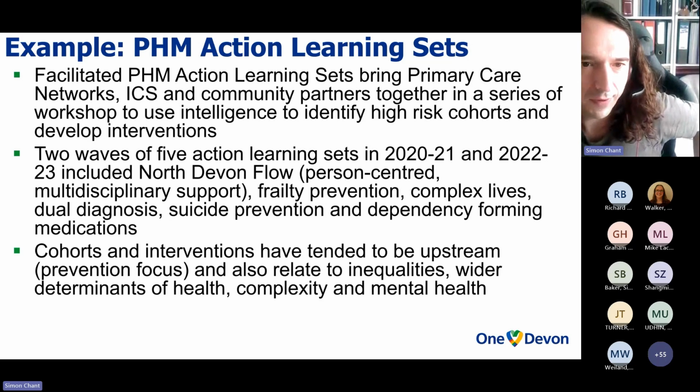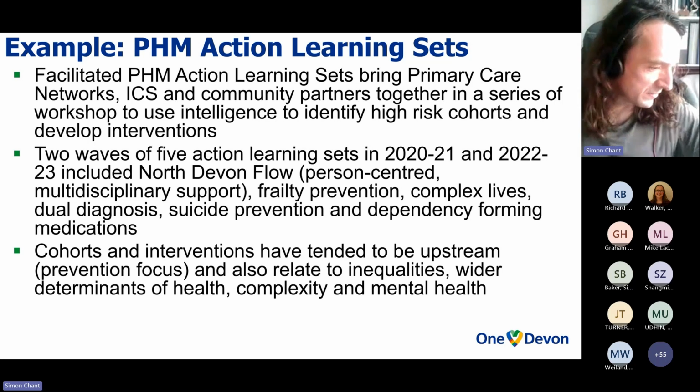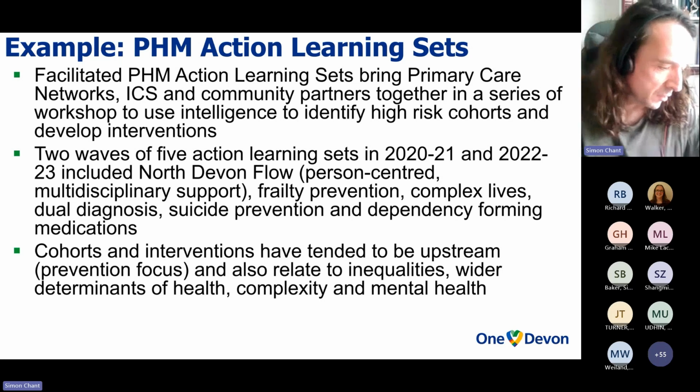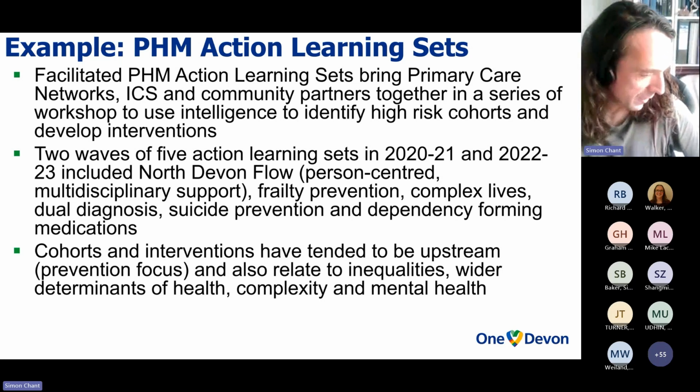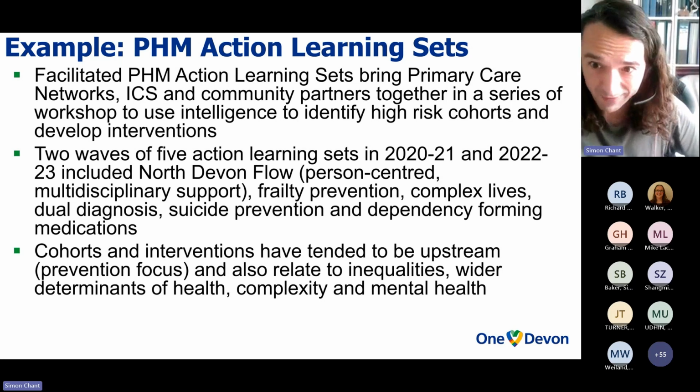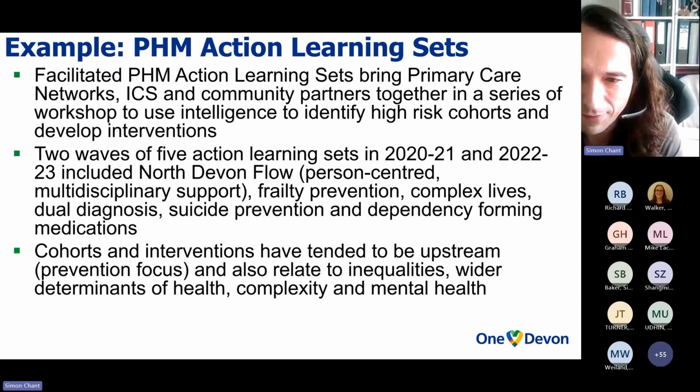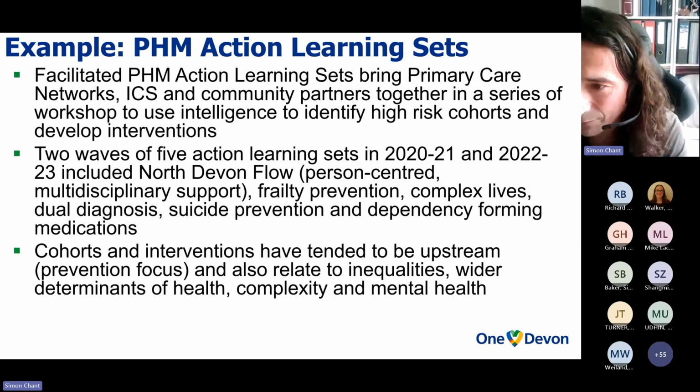So that's a person-centred, multidisciplinary support mechanism, which is based up in North Devon, which has had an ongoing life beyond its origination in the first action learning sets in 2020-21, and that was around understanding those flows, but a wide variety of other work around frailty prevention, complex lives, suicide prevention, dependency forming medications and so on.